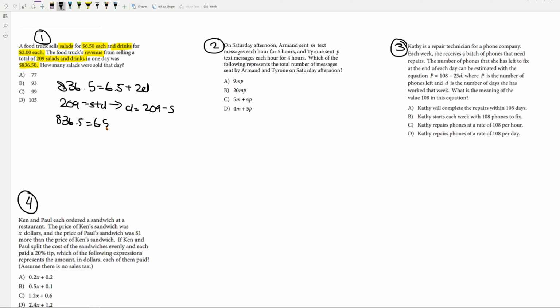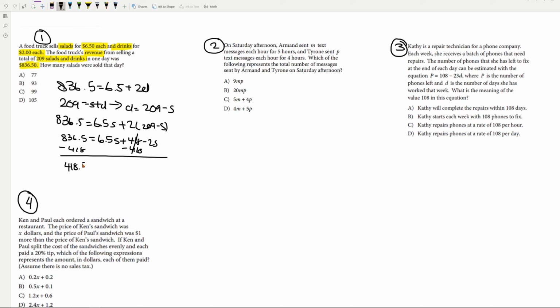So that's 836 and a half is equal to 6.5S plus 2 times (209 minus S). And then if I distribute that over, I get 836 and a half is equal to 6.5S plus 418 minus 2S. And then let's combine like terms and subtract over that 418.